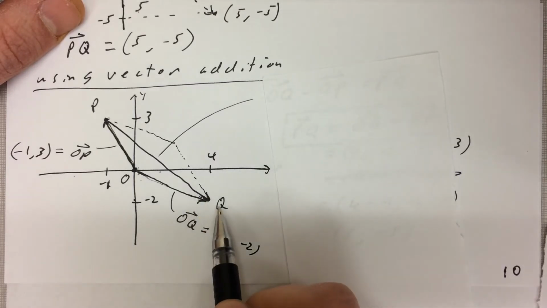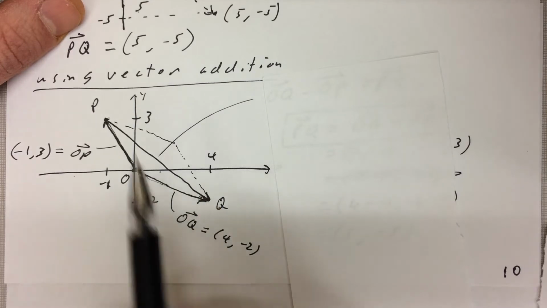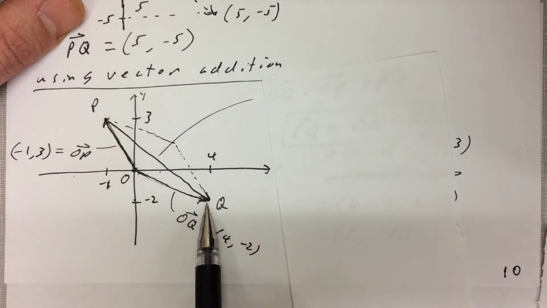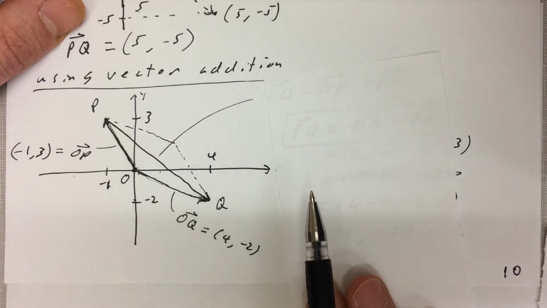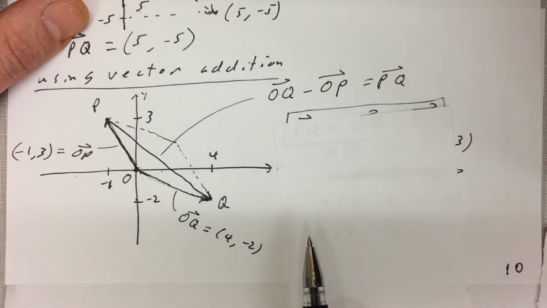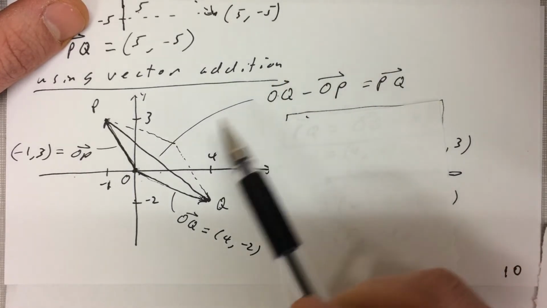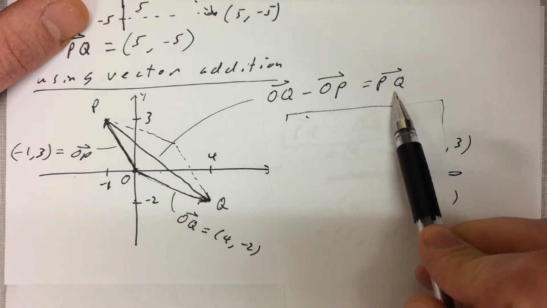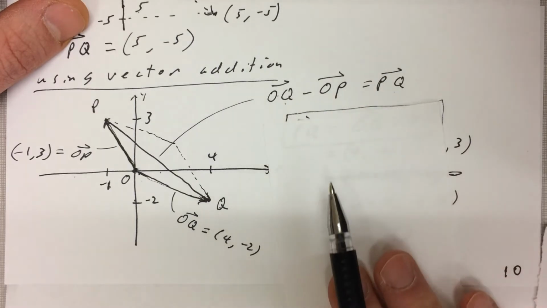And because it ends at point Q, the vector PQ is OQ minus OP. That's using the parallelogram law. So we have vector PQ equals OQ minus OP.